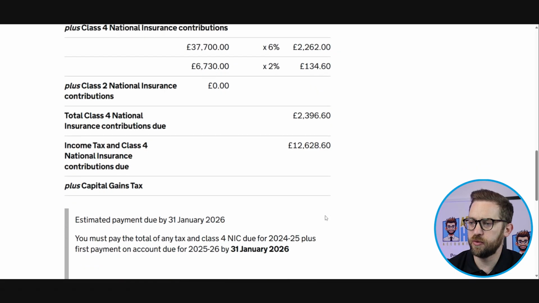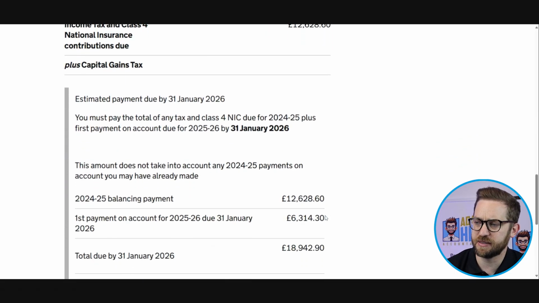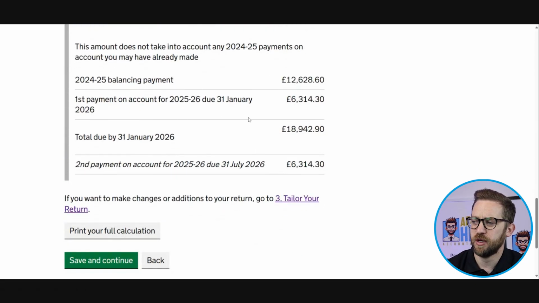If I scroll down below that, then we just have that summary of when the payments are due. The only bit that does stand out on this page is that actually for my return, it is now showing a payment on account in July as well. But other than that, it agrees back to the summary page that we saw before.